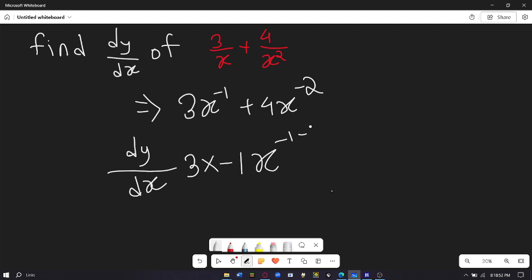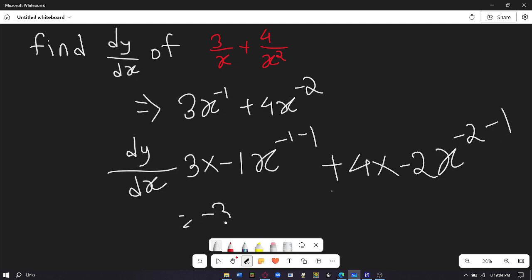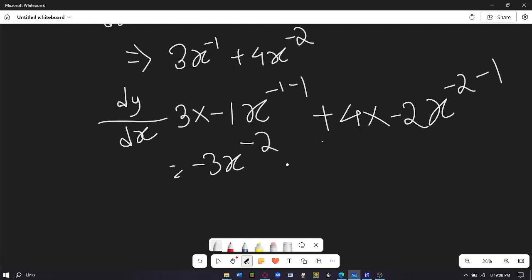It's minus 1 plus 4 multiplied by minus 2 x to the power minus 2 minus 1. With basic knowledge, I'm hoping you know what this is going to be. Yeah, it's 8x to the power minus 3.